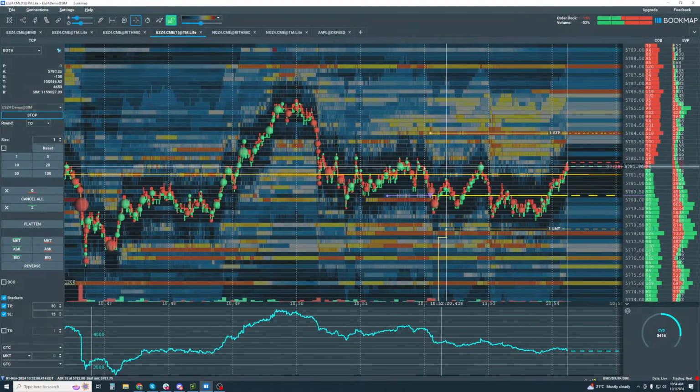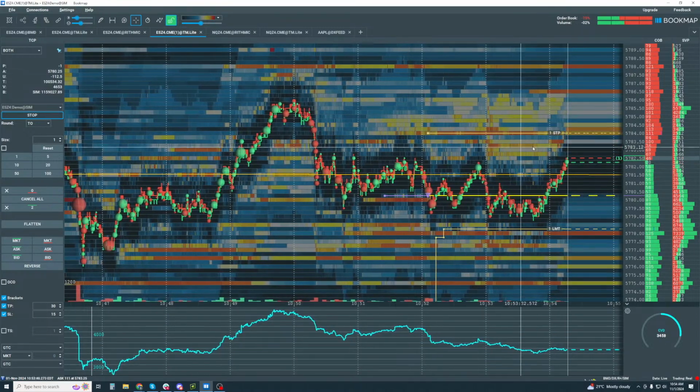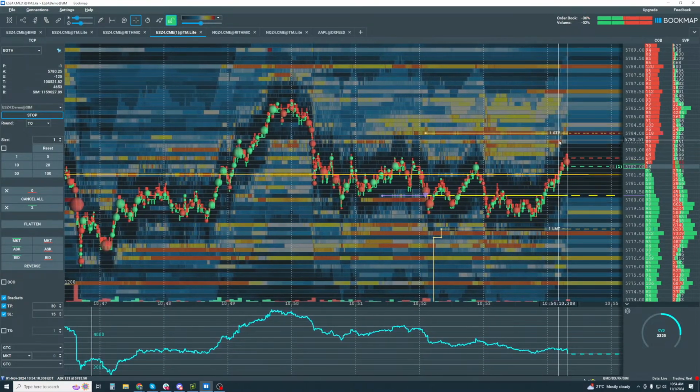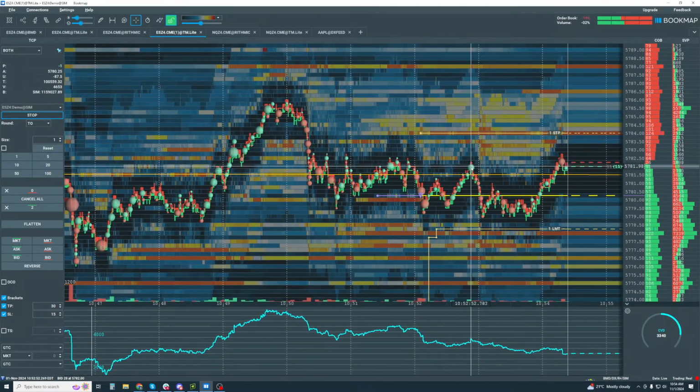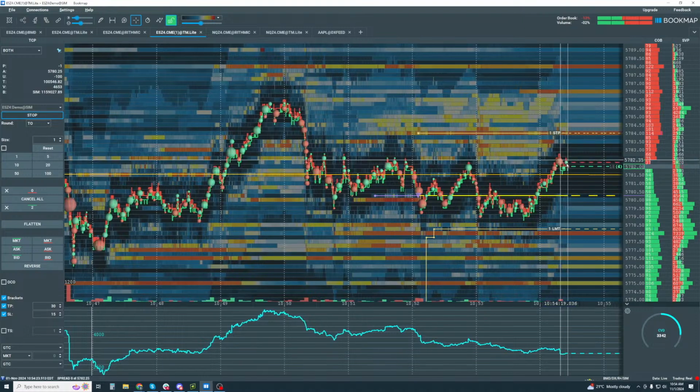Okay, so now we're back up to the top edge here, and they're pulling liquidity on the bid. Okay, do we get buyers up here? Not yet. I see some sellers.